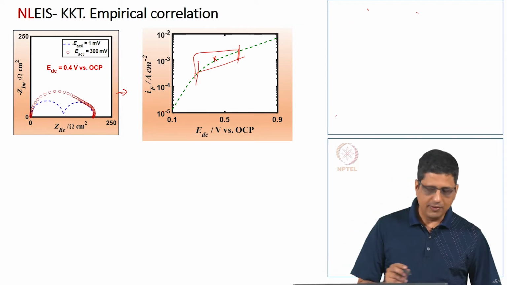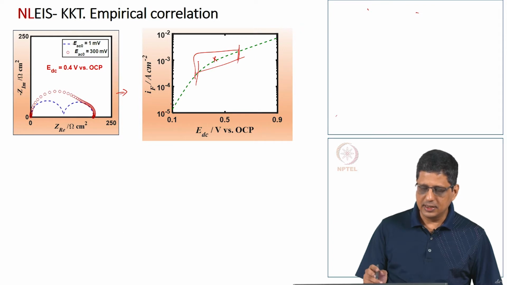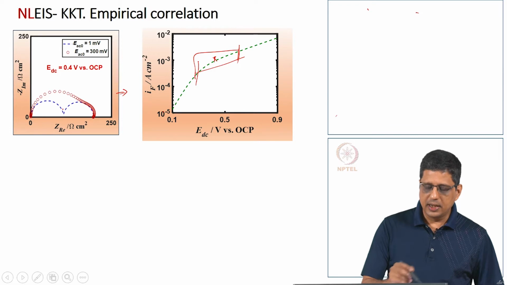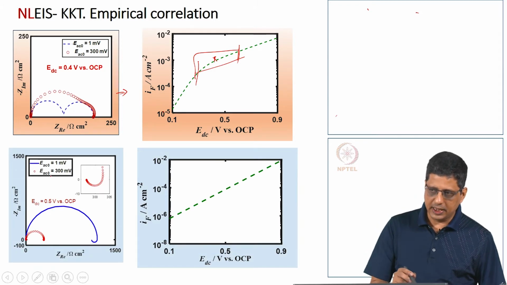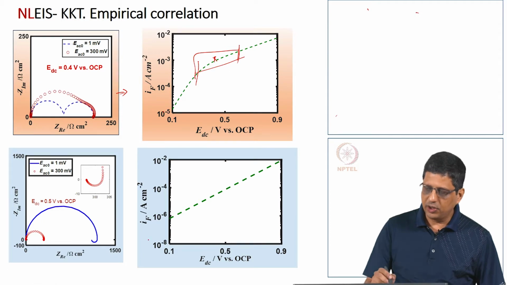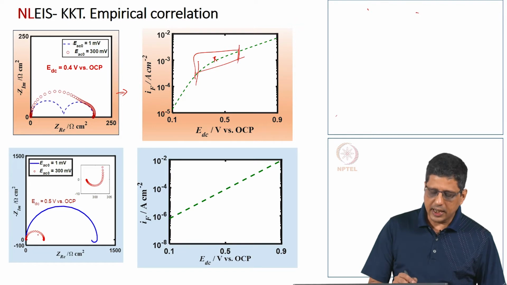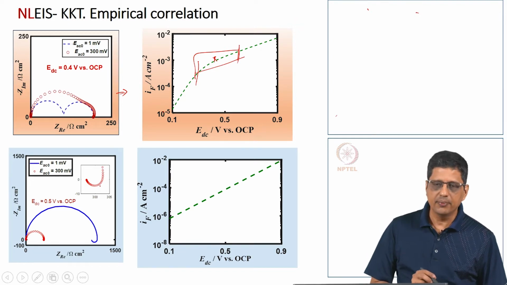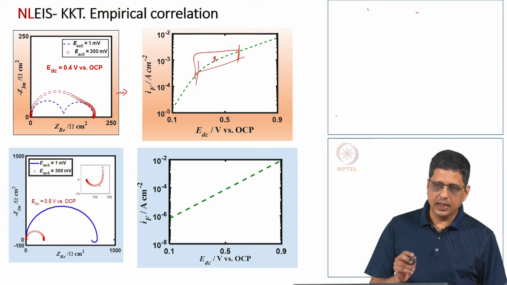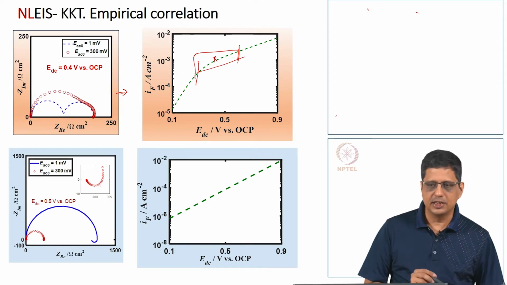In this case, log I versus EDC is not linear, and this is not KKT compliant. If you look at the second set of data, log I versus EDC is linear, and KKT by integration is not able to detect this violation of linearity, and linear KKT can detect it, but it is less sensitive.